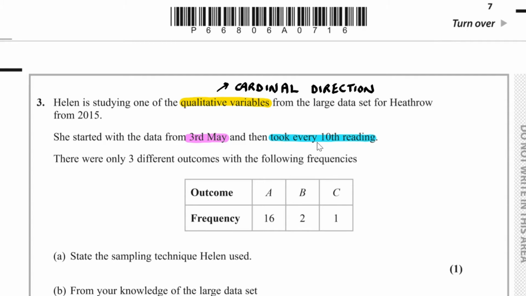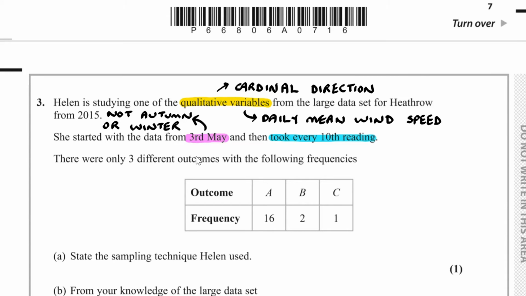Well, we have the option of cardinal direction, or we have the daily mean wind speed. Now, she's taking readings from the 3rd of May, and the 3rd of May is not autumn or winter.